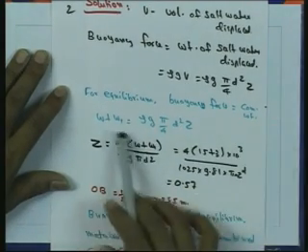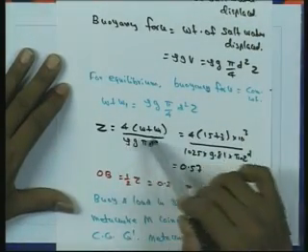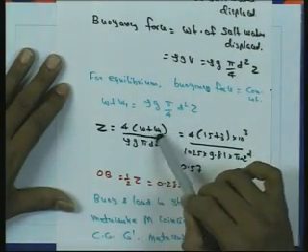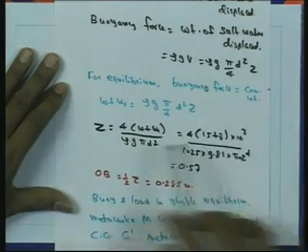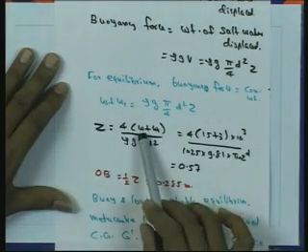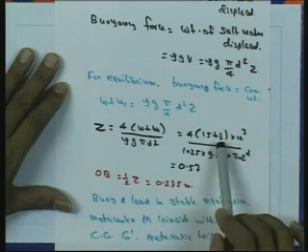We want to determine Z, the depth of immersion of the buoy. So Z is equal to 4 times W plus W1 divided by rho into G into pi d square. Substituting all the values, capital W, the weight of the buoy, is 15 and small w1, the added load, is 3.